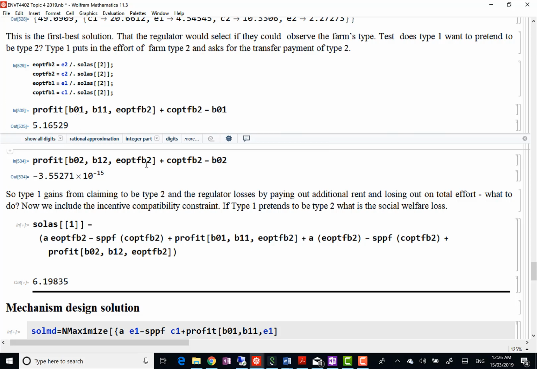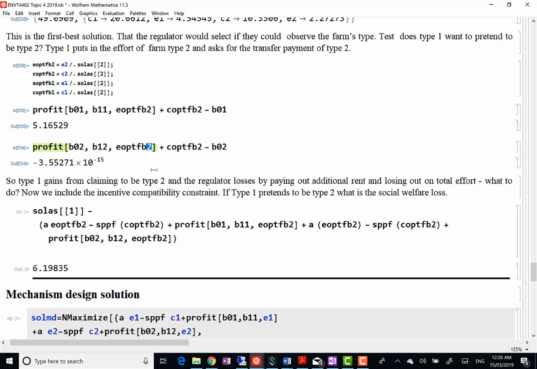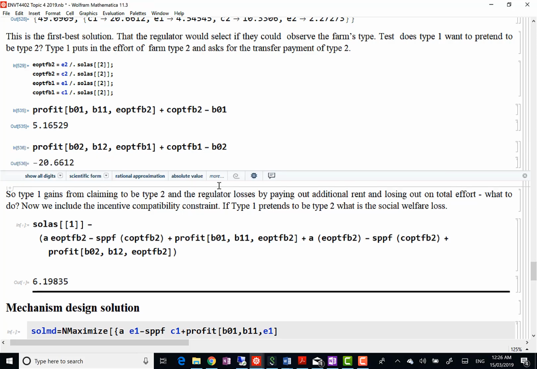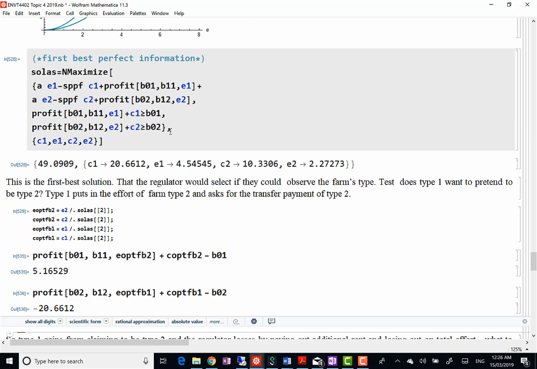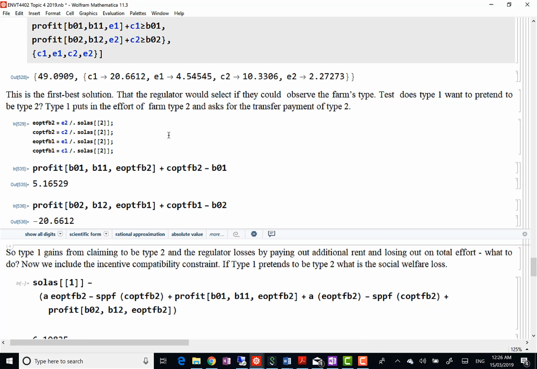But is there any incentive for farmer 2 to do this and to select the contract intended for farmer 1? No, because that actually makes them worse off, in fact, by about minus $20. So this is what's called adverse selection. The regulator can't observe the cost of the farmers complying with the contract.